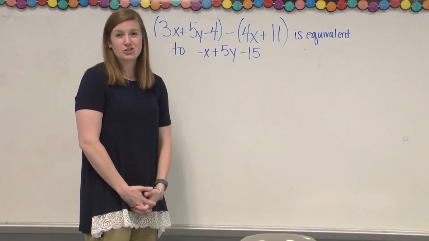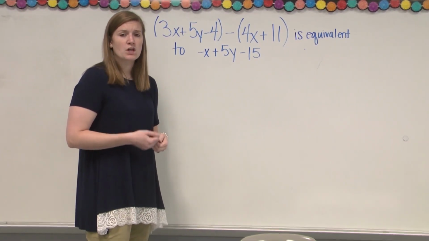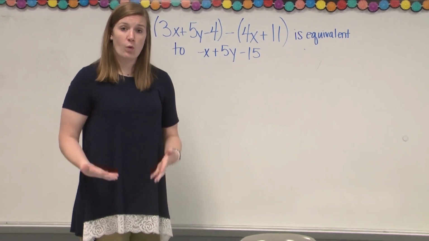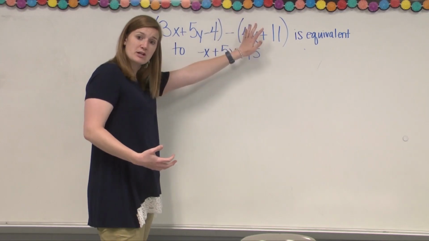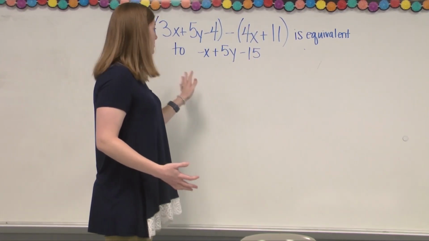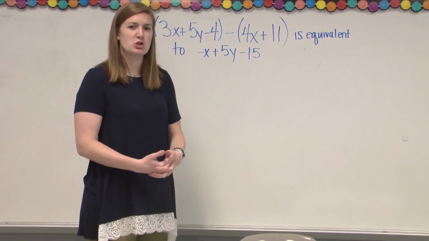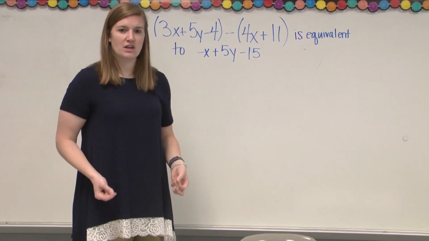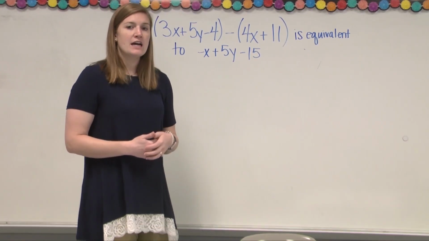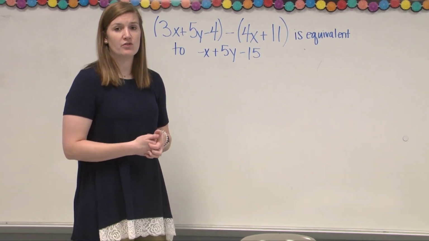So what I'd like you to do right now is choose a number for x and a number for y, substitute the x value in place of x in this expression and in this expression, do the same for y, and see if you come up with two equivalent results. Once you've done that, we'll come back together and I'll walk you through it, and we'll see whether these are truly two equivalent expressions or not.